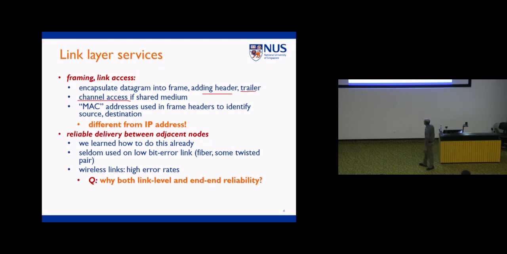Okay. Now, you may ask why both link level and, you can say, fine, you have a wireless link, which has more errors, so maybe it makes sense. But then you can say, oh, but we have TCP. Why would a network designer still implement error detection in the link layer when it's done at the upper layer?